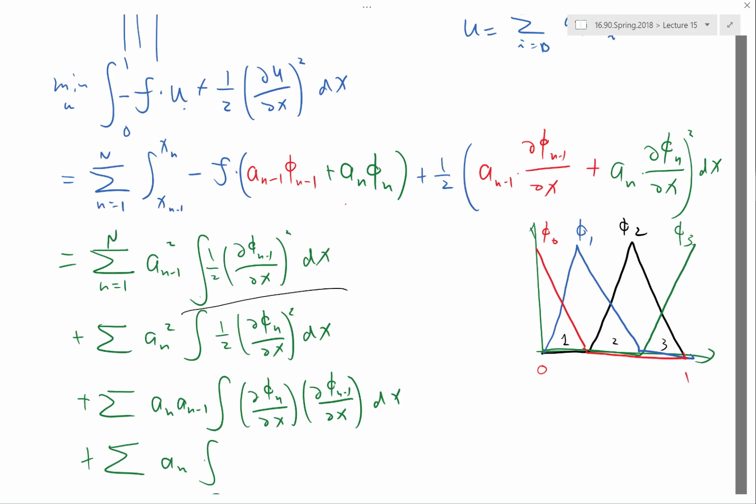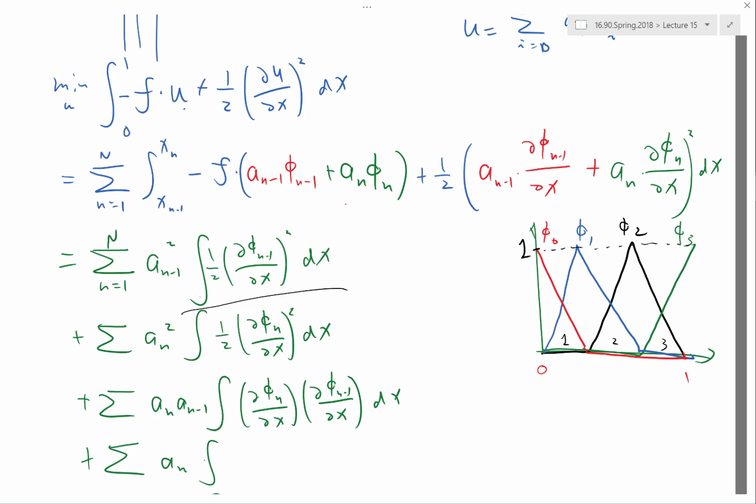Phi always peaks at exactly 1, right? That's our choice of the basis functions, the most convenient. It's minus 1 divided by the width.